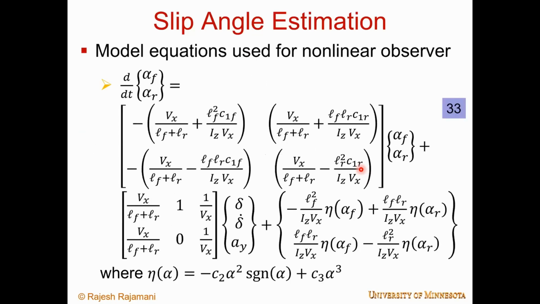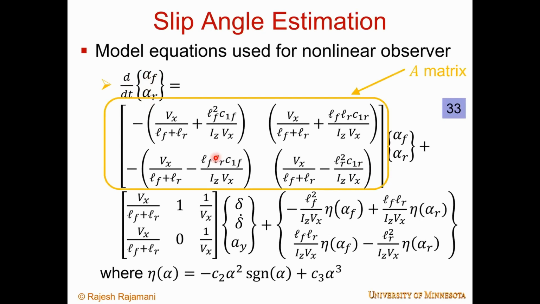So these are the model equations for the slip angle estimation system. The state variables are the slip angle at the front tire and the slip angle at the rear tire, so d by dt of alpha f and alpha r. These are the states. And you can see that the system dynamics are nonlinear.